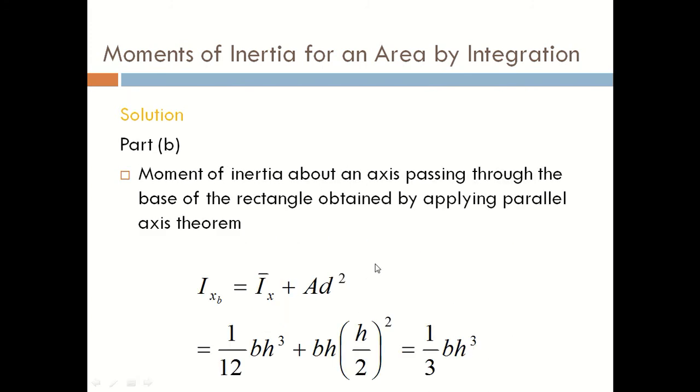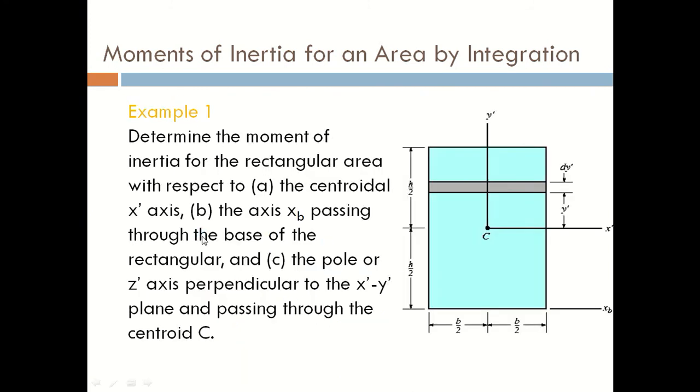Similarly, we have to find the moment of inertia about an axis passing through the base of the rectangle, obtained by applying the parallel axis theorem. The axis xb passing through the base is parallel to the centroidal x axis, and the distance between these two axes is h by 2.